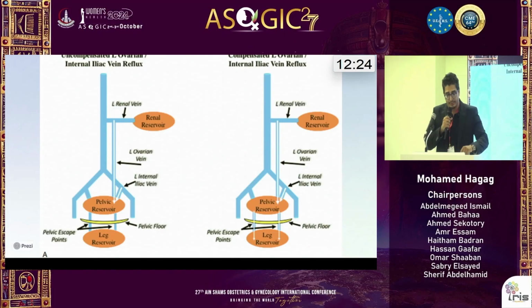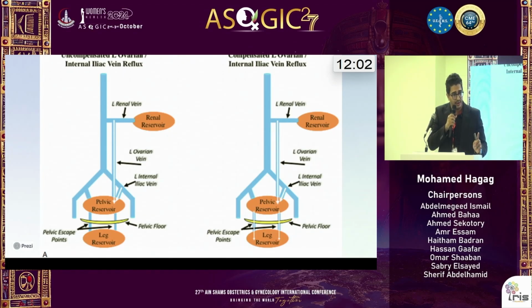For example, if a patient has a reflux in the left ovarian vein, the pressure is transmitted directly to the pelvic reservoir. If this pressure traverses the pelvic floor into the lower limb, it is called a compensated pelvic state. So 2 patients have left gonadal vein reflux.